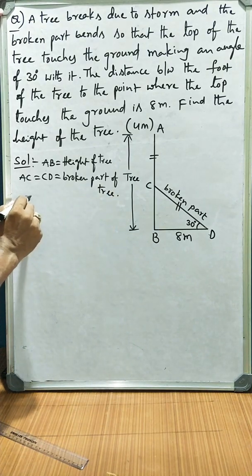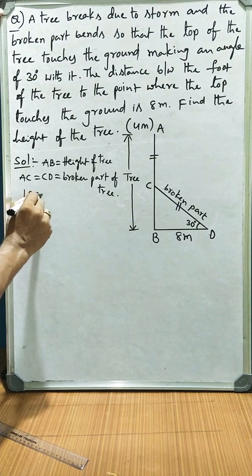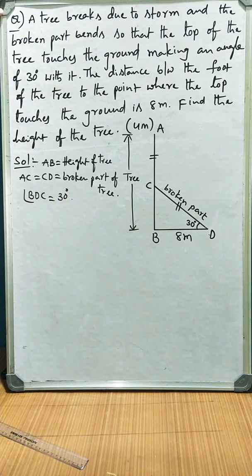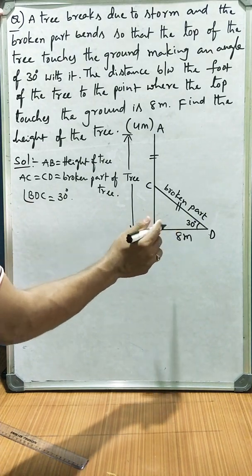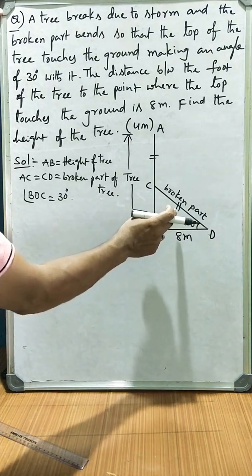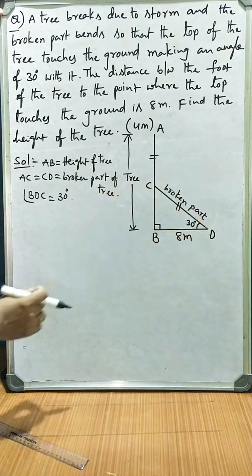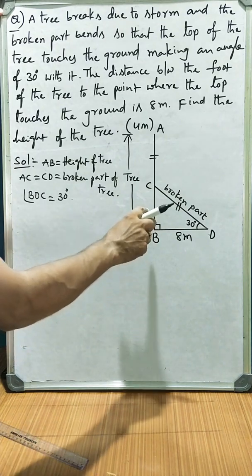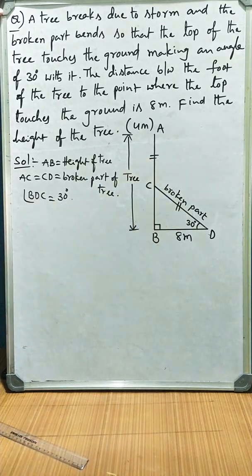Angle BDC, that is angle made by the broken part with the ground, is 30 degrees. Here you have to find, it is a right triangle. From this right triangle you have to find hypotenuse, that is the length of the broken part, and opposite side to the 30. If you can add these two, you will get the height of the tree.